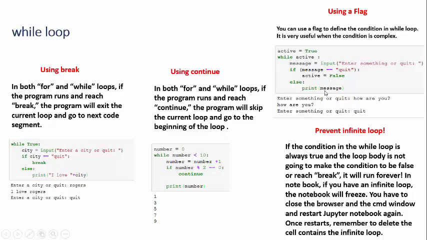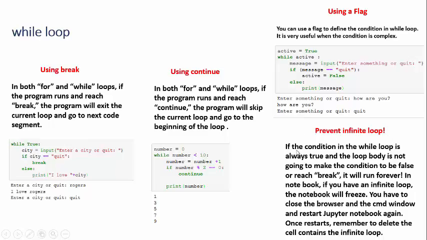Whenever it is false, the while loop is going to finish. Using a flag is particularly useful when the condition is very complex. In this particular case it's a relatively simple one, but it could be complicated. It can also help prevent infinite loops.